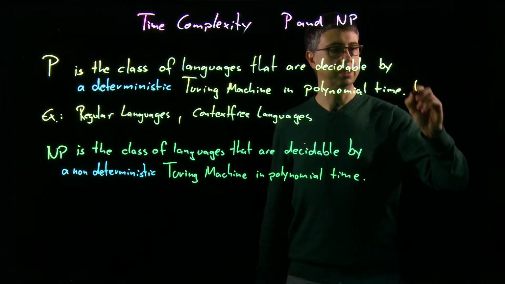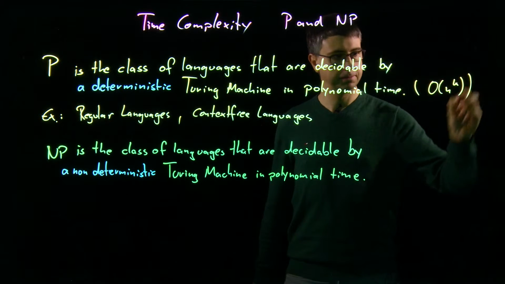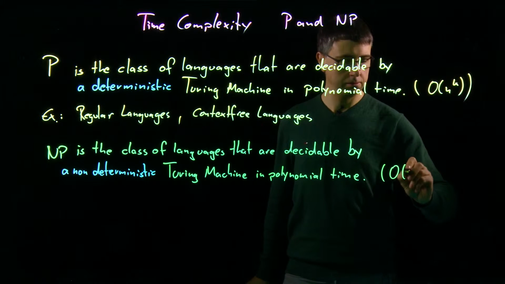Polynomial time is always something like O of n to the power of k. It's the same for both cases.